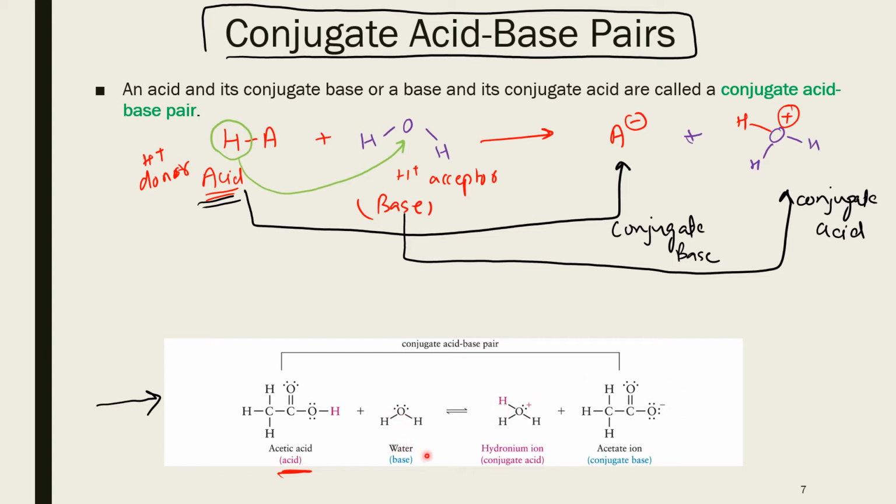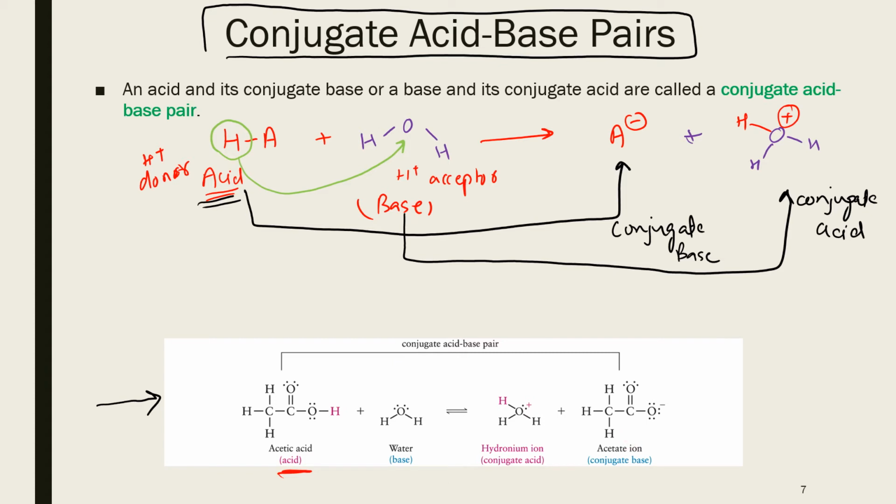And water, after accepting the proton, now has one extra proton, so water is a base because it has accepted it. So the hydronium ion is the conjugate acid of water, and the acetate ion is the conjugate base of acetic acid.